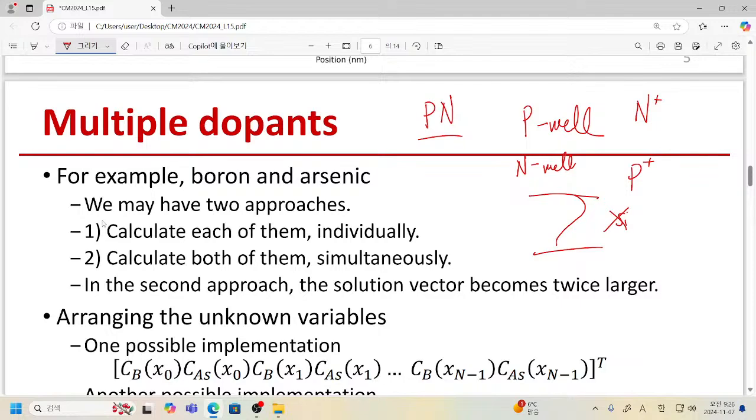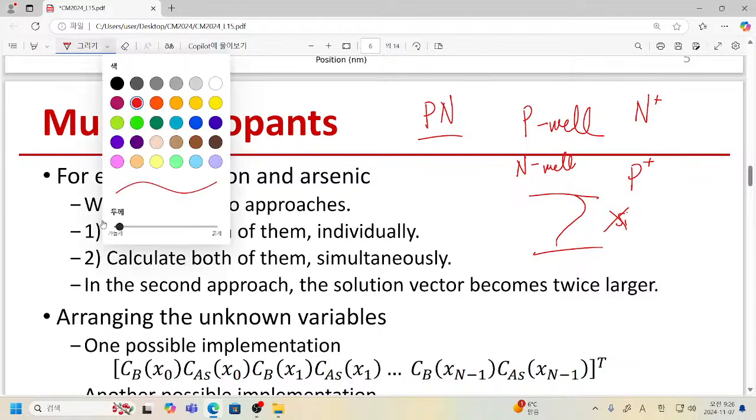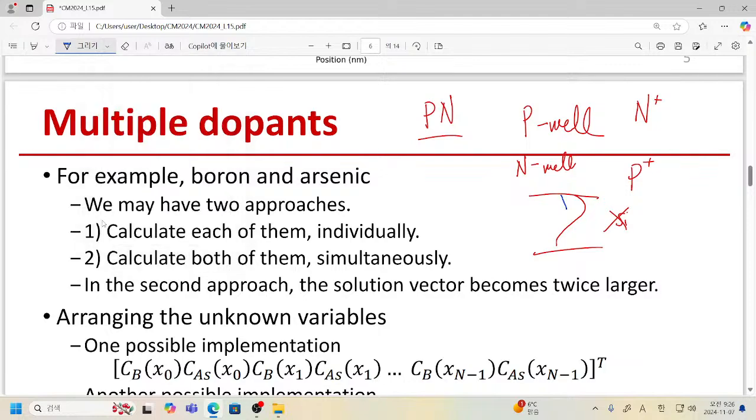So the situation is that your ion implantation does not just look like this, but there is an already existing dopant profile. For example, let's say that this is your donor profile.